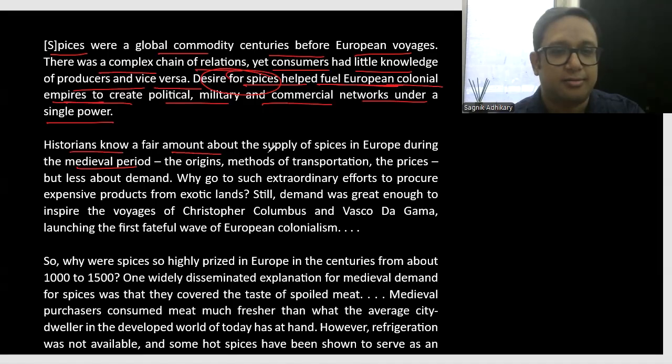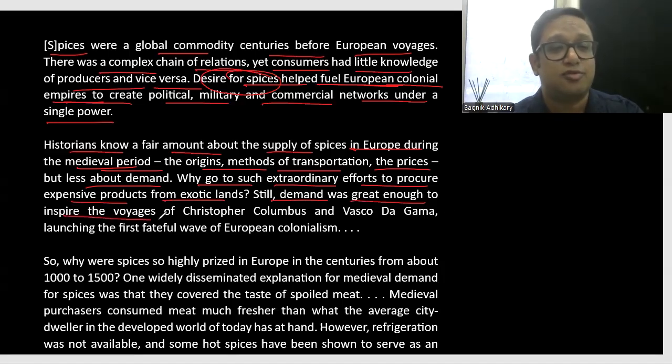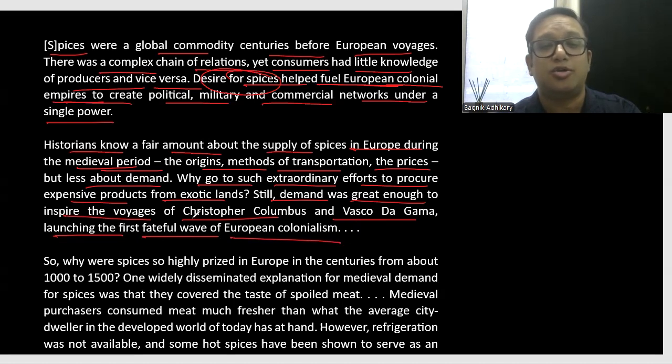Historians know a fair amount about the supply of spices in Europe during the medieval period. This is where we see the medieval period first mentioned. The origins, methods of transportation, the prices, but less about demand. Why go to such extraordinary efforts to procure expensive product from exotic lands? Still, demand was great enough to inspire the voyages of Christopher Columbus and Vasco da Gama, launching the first fateful wave of European colonialism.